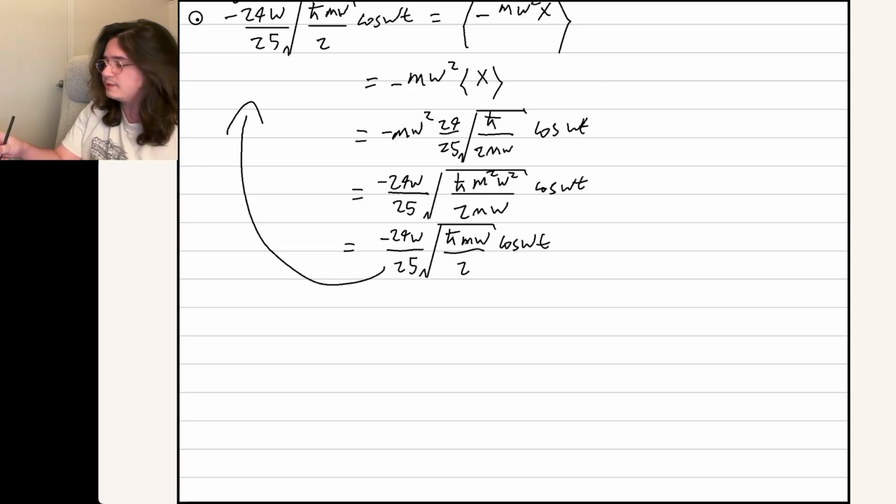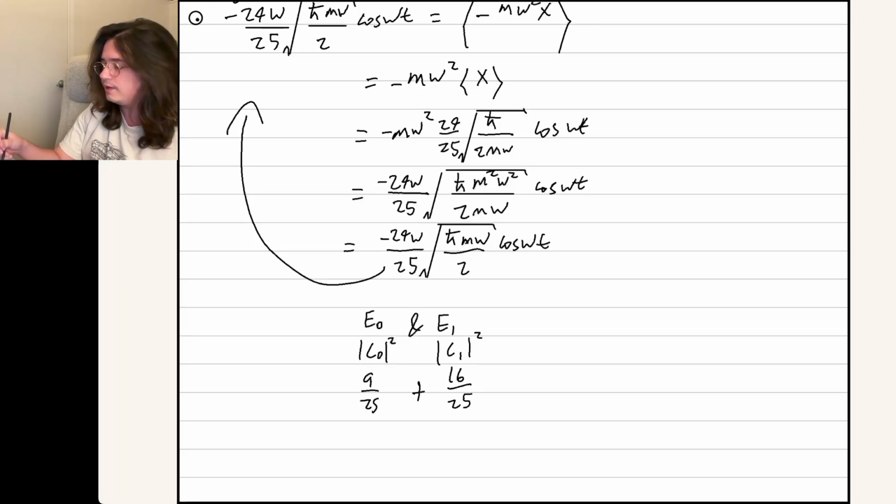Just because it's a mixed state with time dependence doesn't mean that if we observe it, we won't just find either E1 or E0 with probabilities C0 squared and C1 squared, which in our case ended up being 9/25 and 16/25, which do add up to 1, so it's perfectly sound probability theory there. And so yeah, that's what you're going to observe if you look at this. All right.